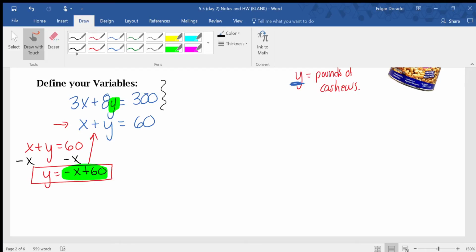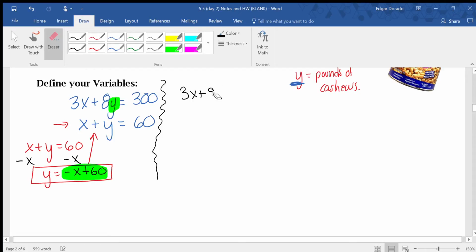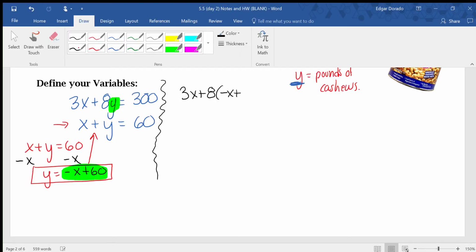We get 3x plus 8 times negative x plus 60 equals 300. Distribute my 8. 3x minus 8x plus 480 equals 300.